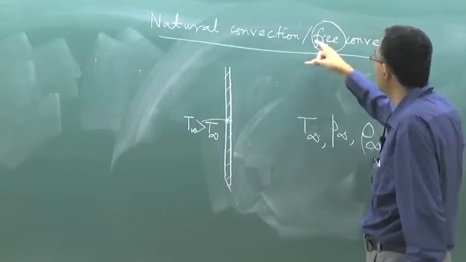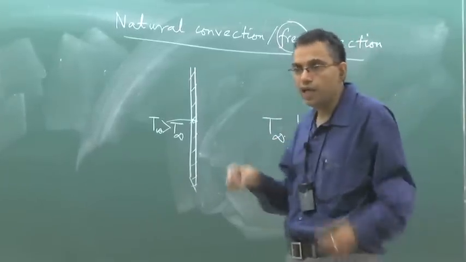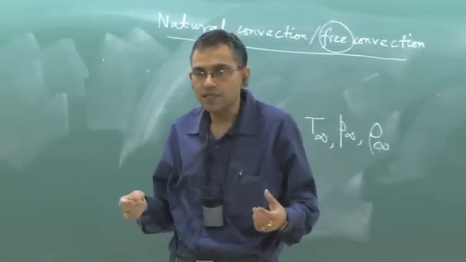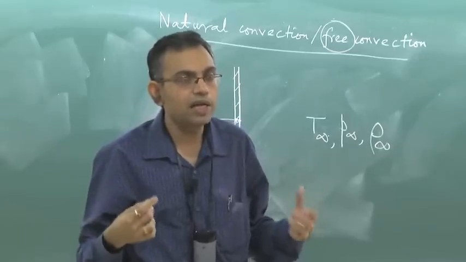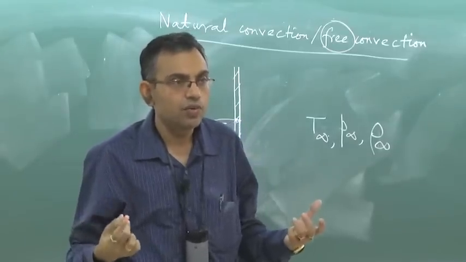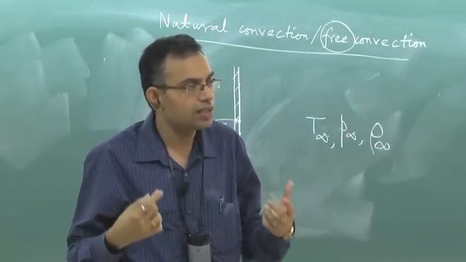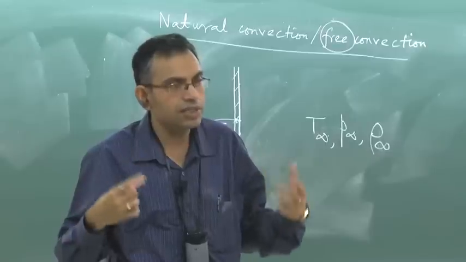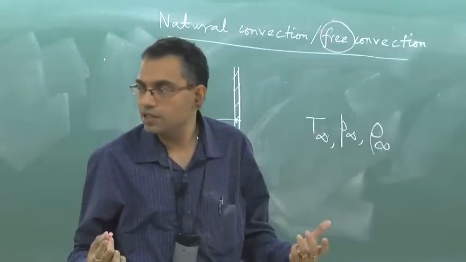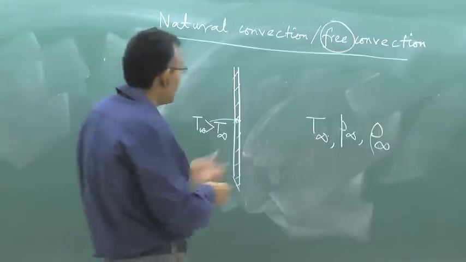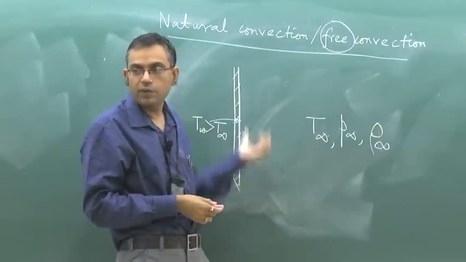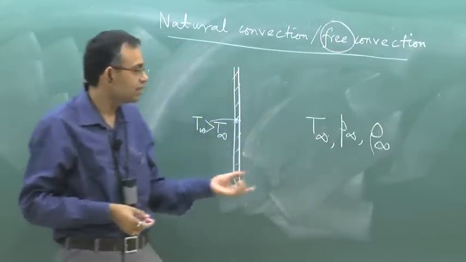terminologies associated with this is free convection. So, free is an English word which resembles the situation when we are getting something free of cost. Whether we are actually getting it free of cost or not is a matter of further consideration, but at least air we can get free of cost, one vertical plate you can put free of cost.